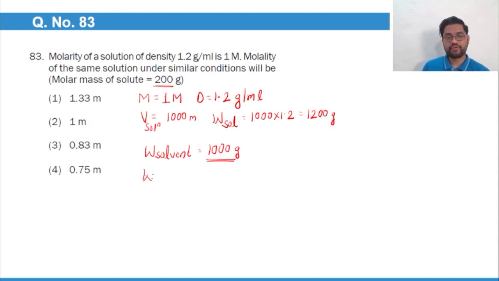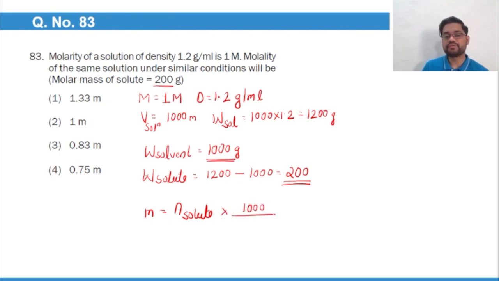So weight of solute will be equal to weight of solution, that is 1200, minus weight of solvent, that is 1000, which will give you 200. So weight of solute is 200, and hence if you want to know molality, molality is equal to number of moles of solute into 1000 over weight of solvent.